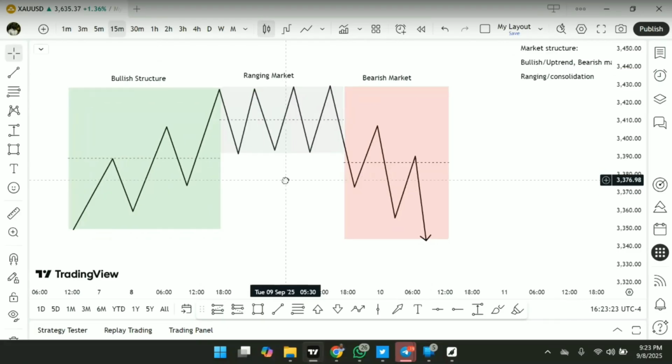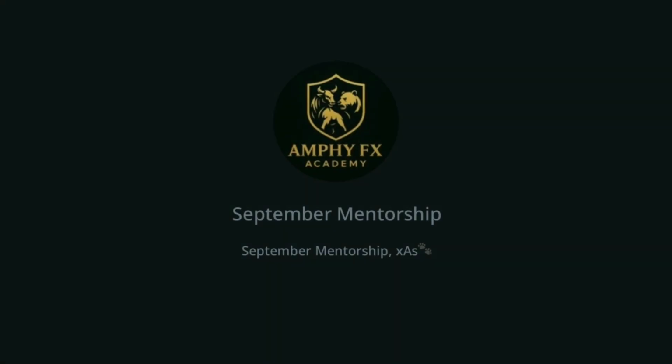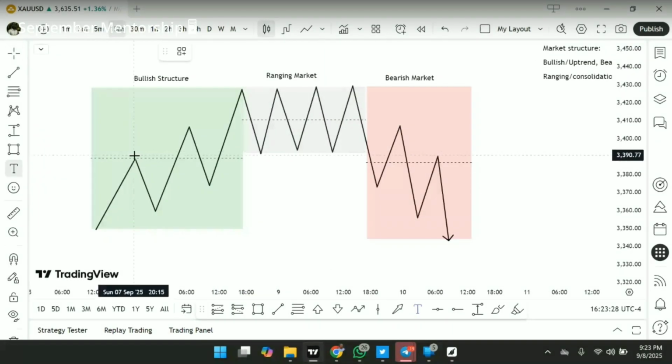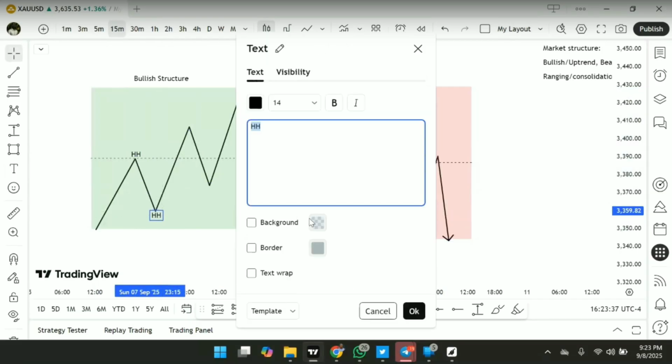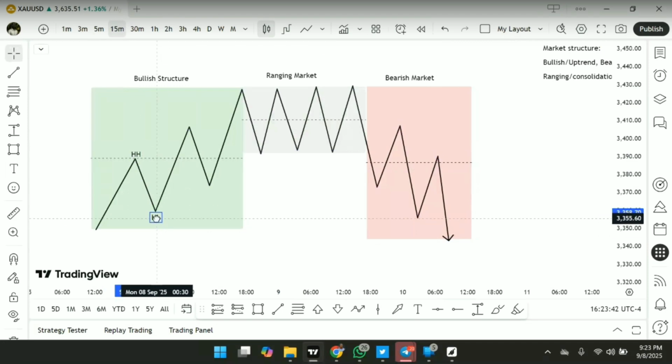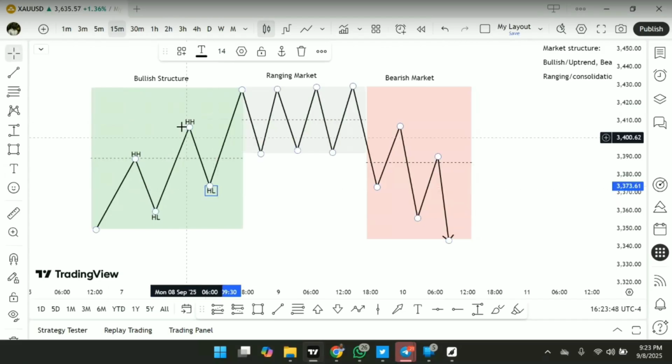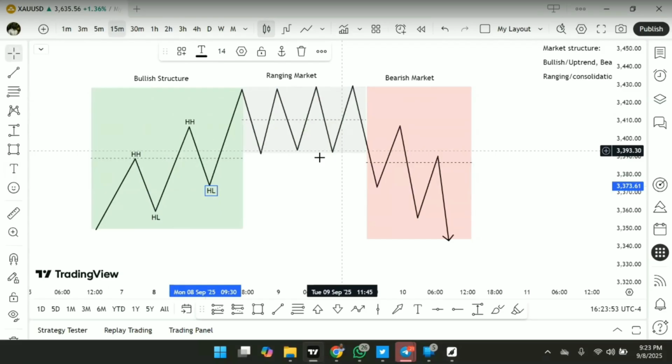So bullish market structure is when the market is giving a series of higher highs, higher lows, higher high, then higher low. And when the market is neither giving us higher highs nor higher lows, it's just moving sideways, we call it a ranging market.